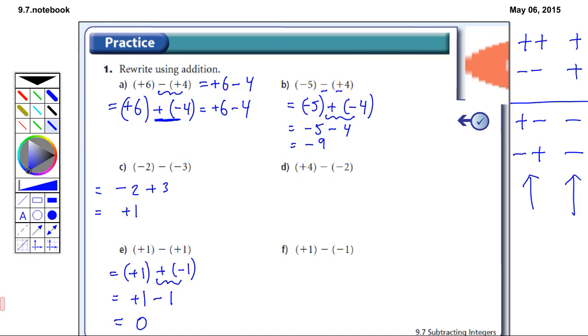And D, plus 4, first term stays the same. Minus minus turns into positive. So plus 4 plus 2 is positive 6. And finally F, plus 1, minus minus turns into a plus. So we have plus 2.